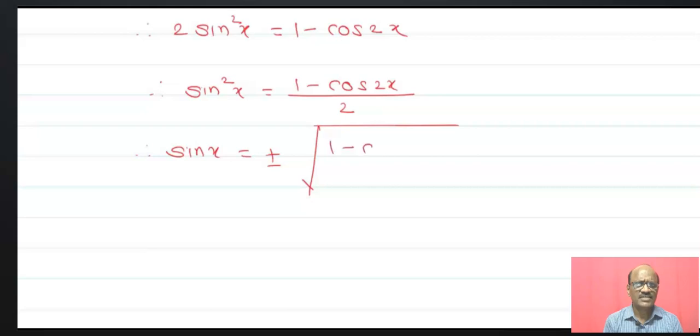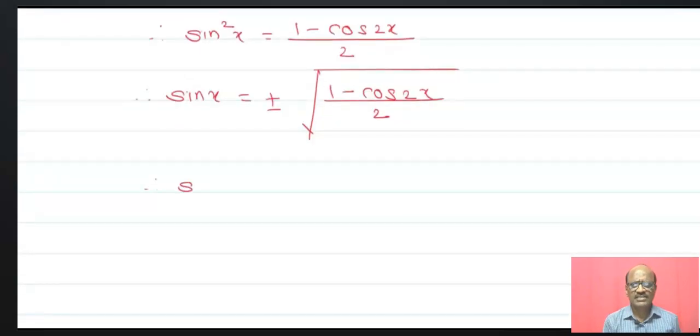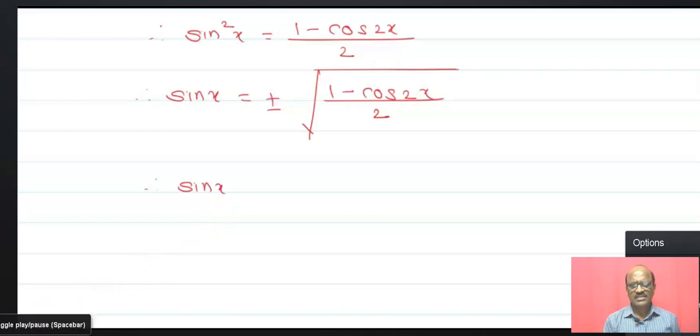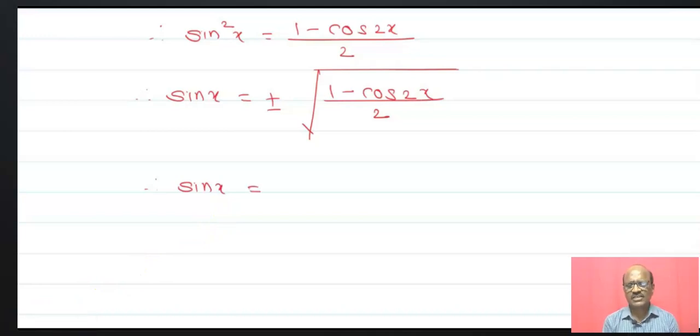Taking the square root on both sides, sine x is equal to plus or minus the root of 1 minus cos of 2x upon 2. Here there is a plus or minus, and our angle lies in the first quadrant, so it is positive.